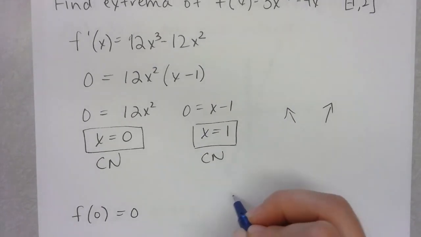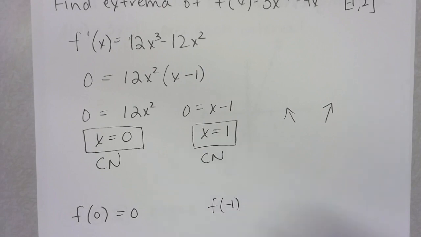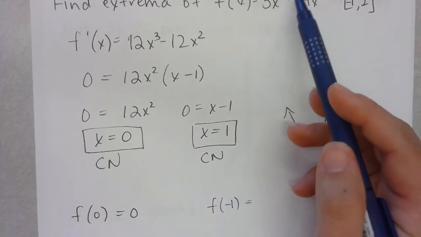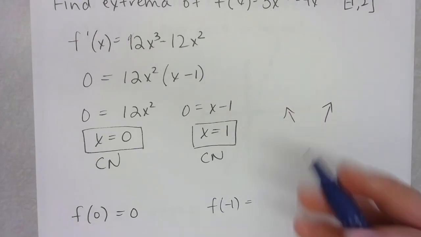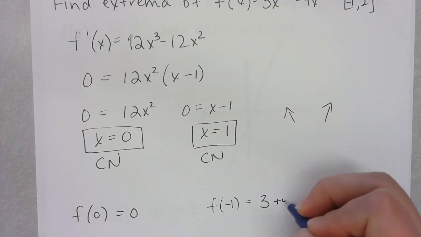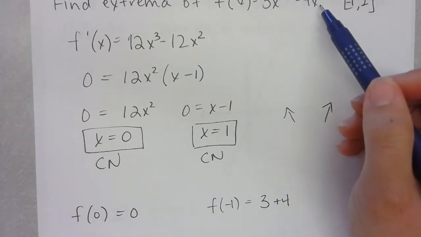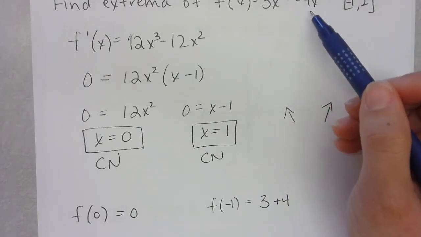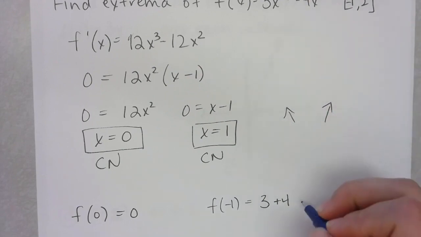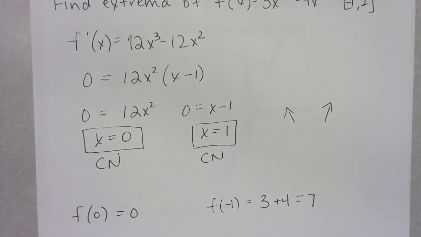All right, so then I'm going to evaluate at f of -1. So I plug in -1 here. When I raise it to the 4th, it'll become +1, so I get 3. And then this will become +4 because I raise -1 to the 3rd power, which remains -1, and then I multiply it by -4. So I end up with 3 plus 4, which is 7. Okay.